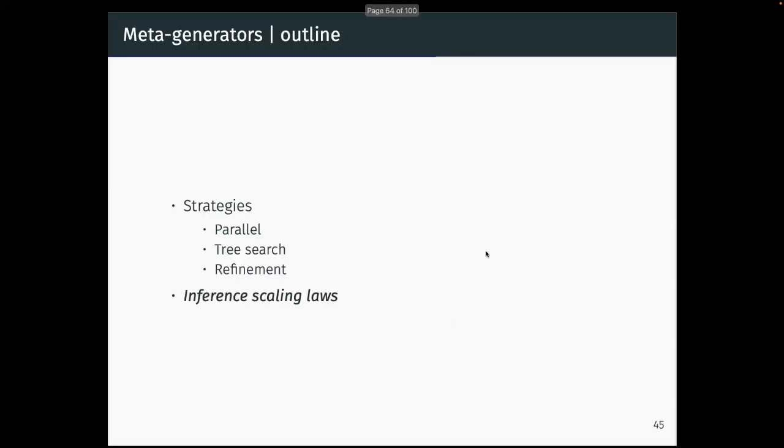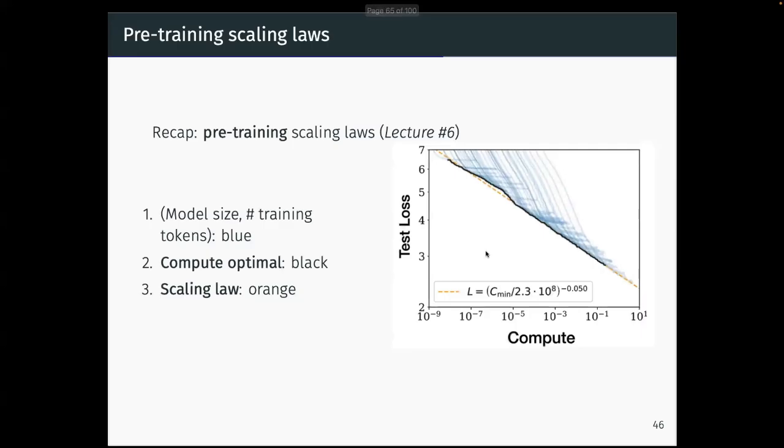I wanted to also cover this idea that I mentioned at the start, that with the inference methods, we can now have this new notion of a scaling law, where we increase the amount of compute being used, and in return get better performance from the system. If we remember the pre-training scaling laws from lecture 6, we had this configuration, which was the model size and the number of training tokens.